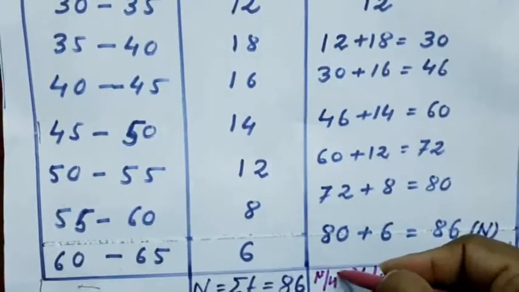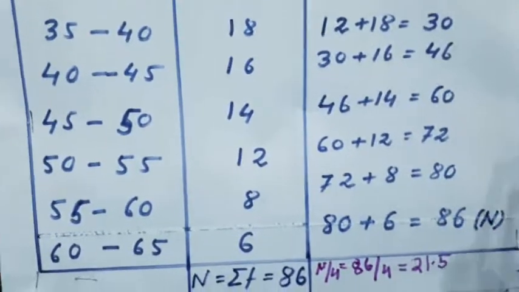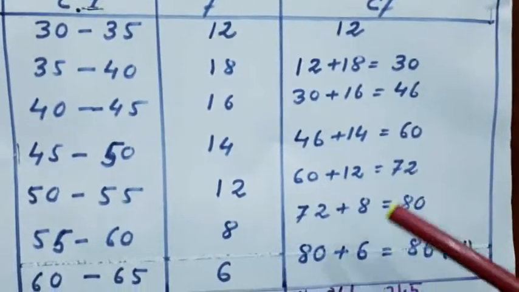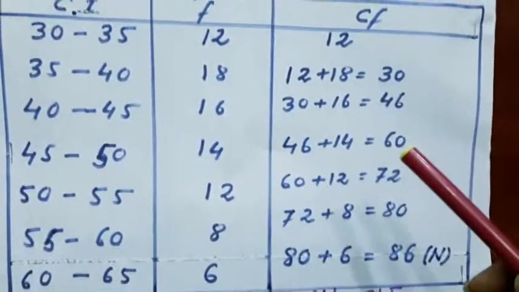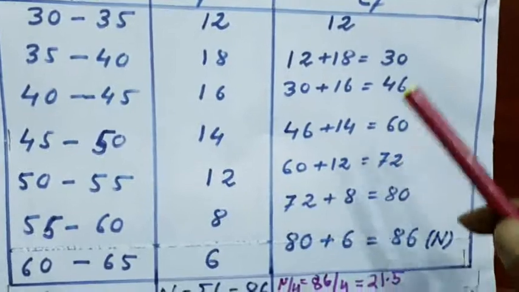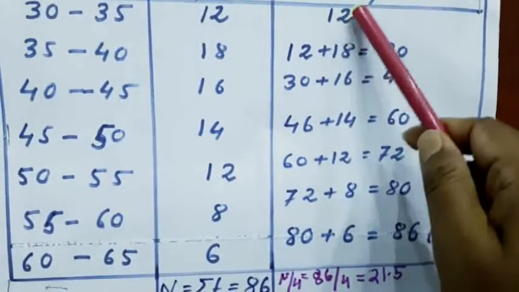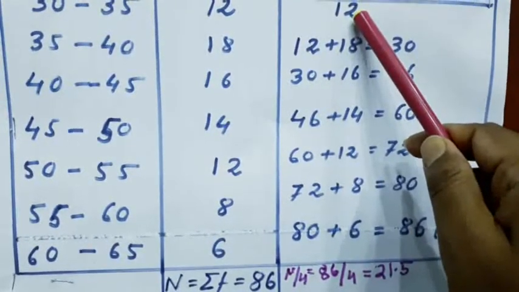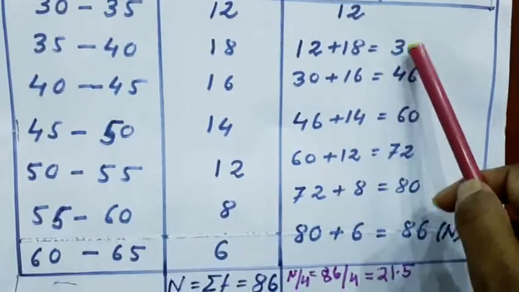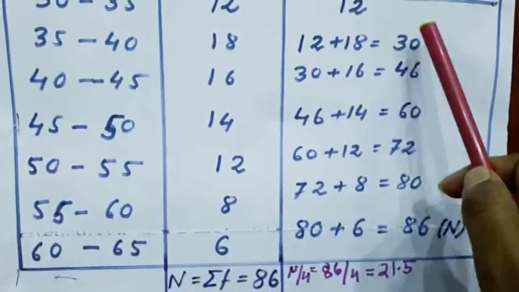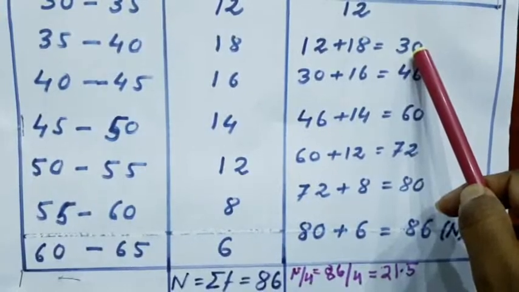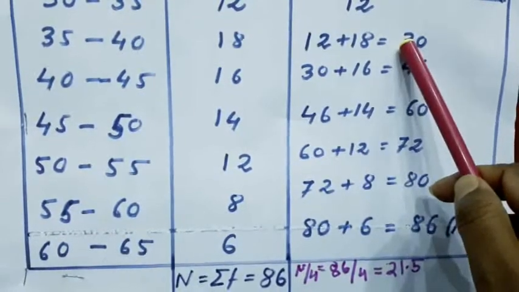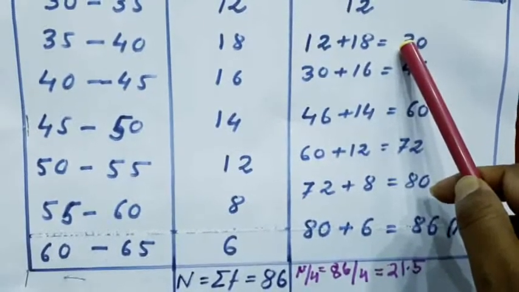So we will check where this 21.5 lies. We have to check it from the cumulative frequency column. In 12, 21.5 does not lie. In 30, 21.5 lies.